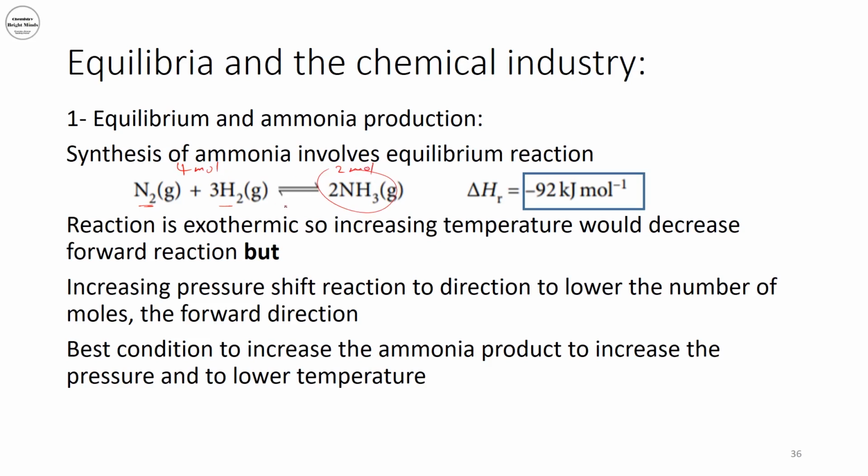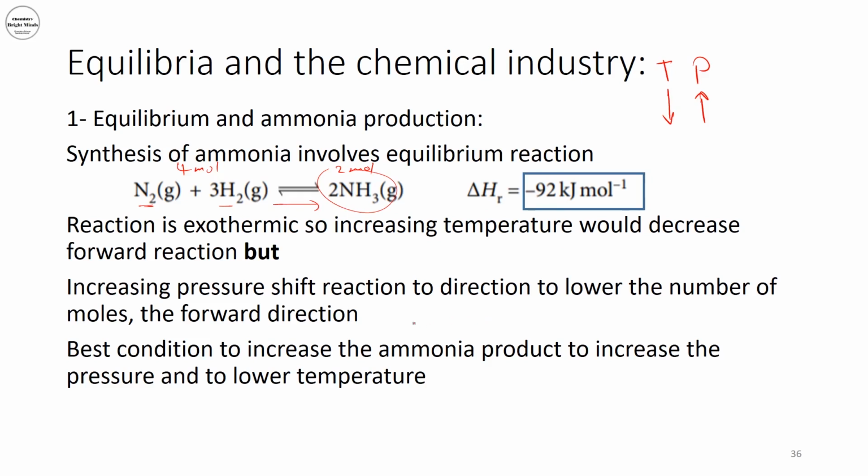So if I increase the pressure, my reaction would be forced towards the fewer number of moles. So increasing the pressure in that case would push my reaction to produce more ammonia. It is an exothermic reaction. This is why reducing the temperature would favor my reaction, because it will just produce more ammonia where an exothermic reaction is happening.